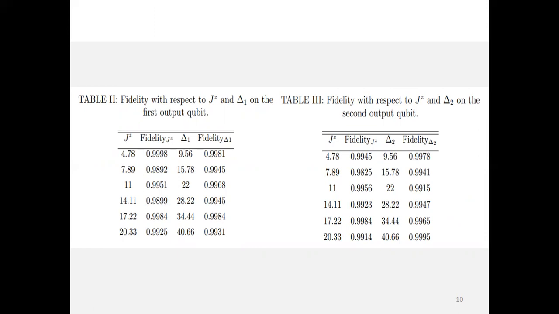For the second output qubit, it will depend upon delta 2, right? In the second table I'm talking about, you see the fidelity, the accuracy, is 0.99 or 0.98 in every case. We can say that the accuracy is greater than 0.98 in both cases, and that's really a good result.